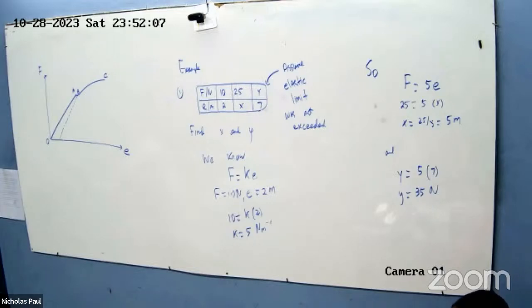The point A is called the proportional limit.